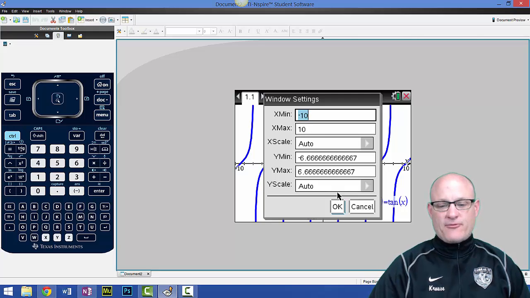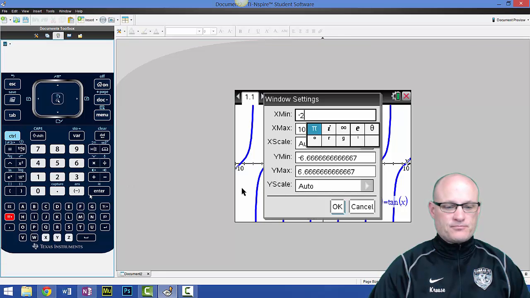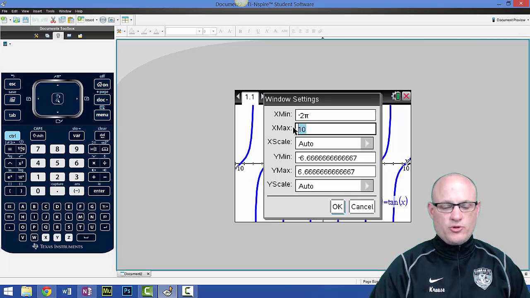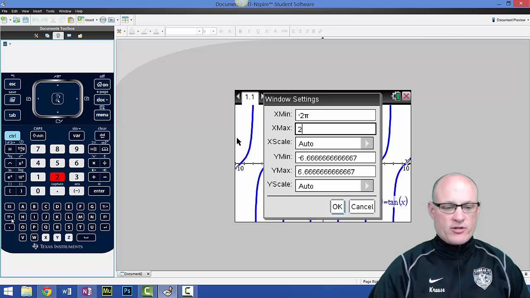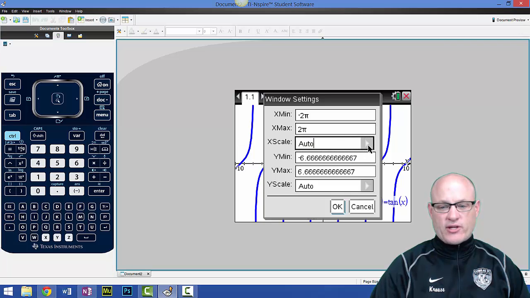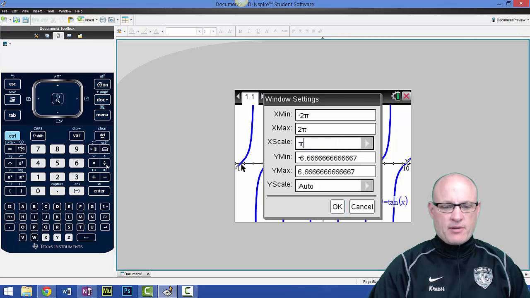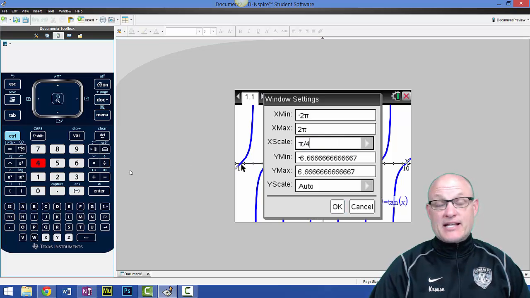So from left to right, I'm going to change it from -2 pi to 2 pi, because that's how we normally graph anyway. So might as well graph from -2 pi to 2 pi. And I'm going to change this setting, not to auto. I want it to be pi over 4. Pi over 2. Now we'll go pi over 4. Pi divided by 4.